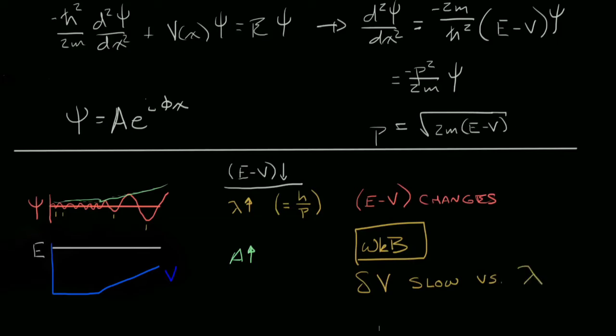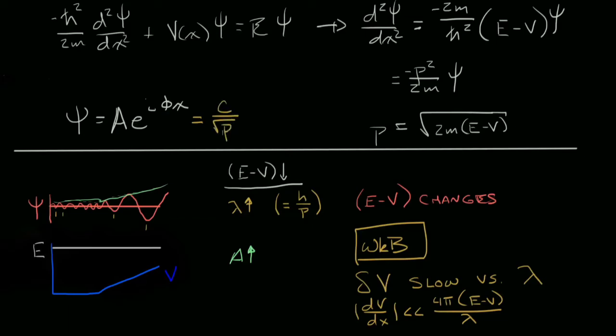If we wanted to put this in more quantitative terms, we'd say that the magnitude of dV/dx is much less than 4 pi (E minus V) over lambda. And if we make this assumption, we can derive the form of the wave equation.